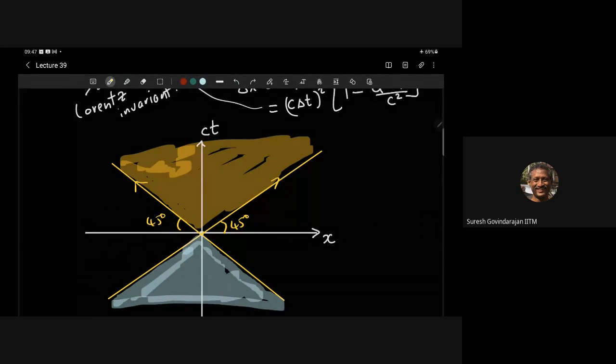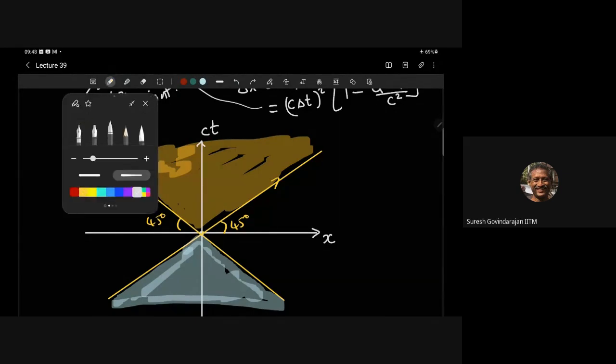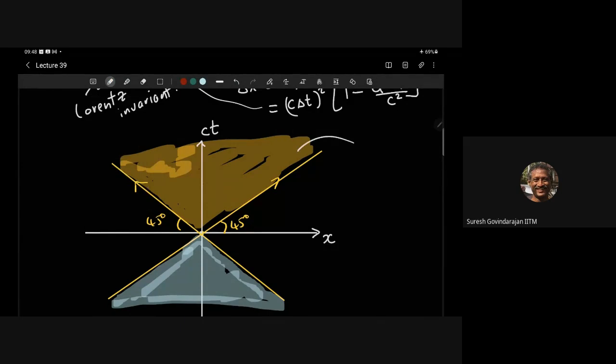So let's look at this. I will mark some things now. So any point in this region, and even this region, has delta S square greater than 0.